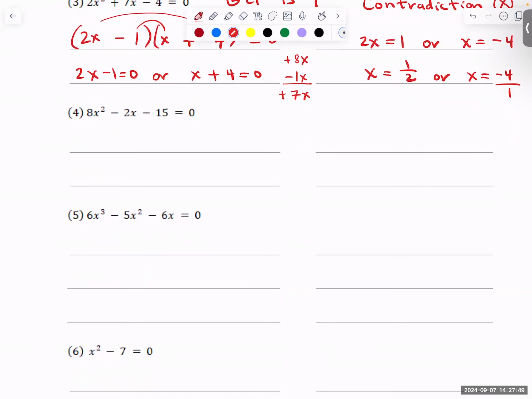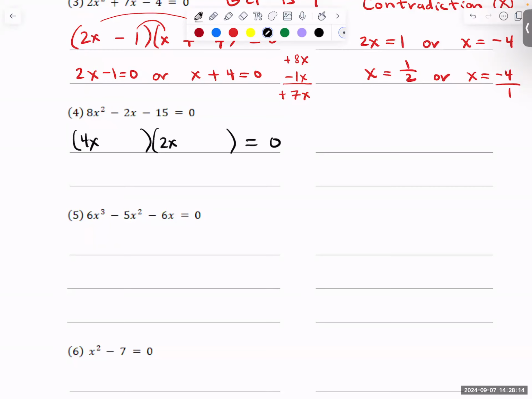Number 4, we have decreasing degree order set to 0 and the greatest common factor of 1. So let's begin by factoring potentially as a product of two binomials. Let's try 4x times 2x.